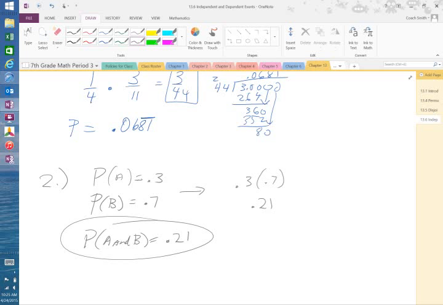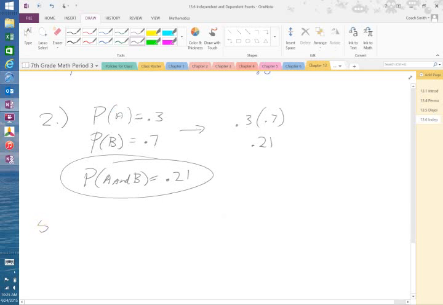Now, if you look at number 5, it is dependent events. But they've already given you the information you need. You don't even have to figure out anything. It says if A and B are dependent events, find the probability of A and B. Number 5 says probability of A is equal to 0.9.